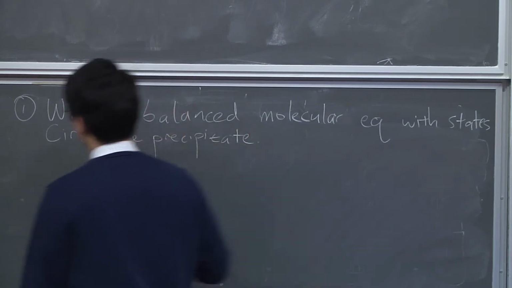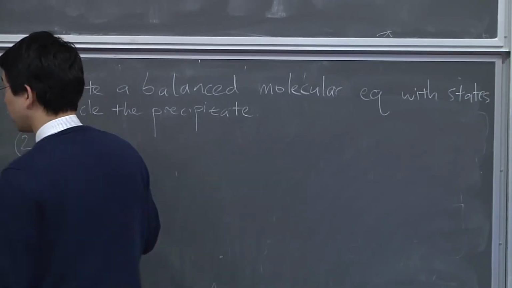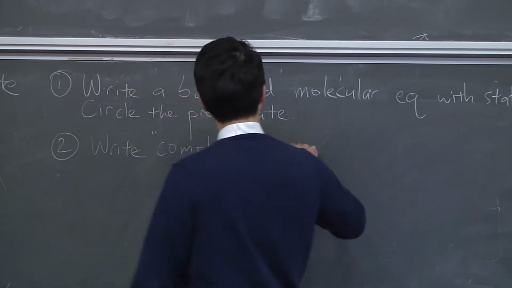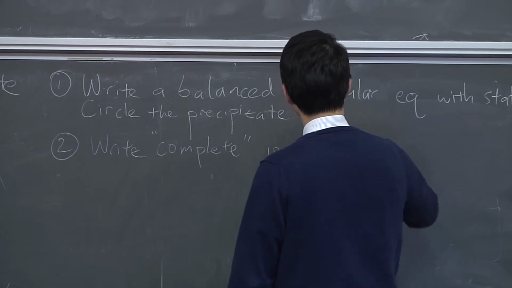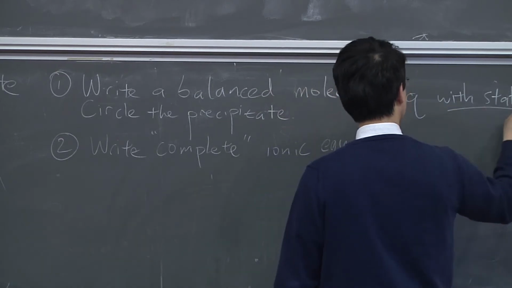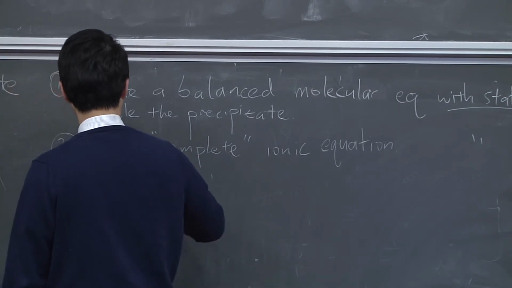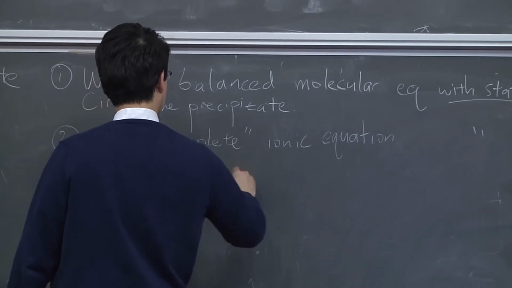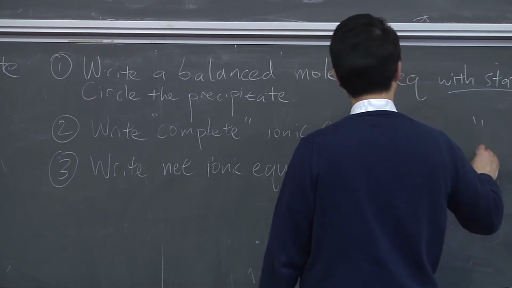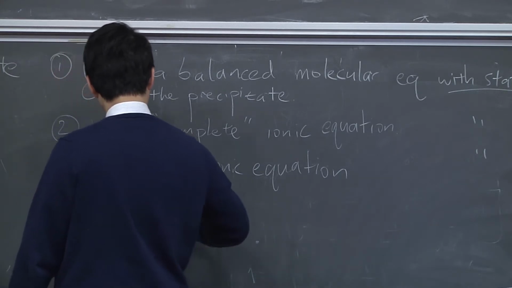Precipitate. Right. 2, write an ionic equation, what we could call a complete ionic equation, or write the equation for the complete ionic reaction, again with states. 3, write the net ionic equation, or the equation that defines the net ionic reaction, with states, and identify what?